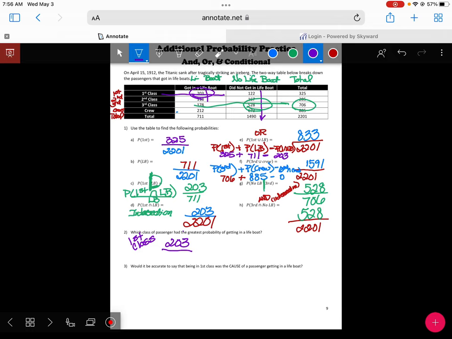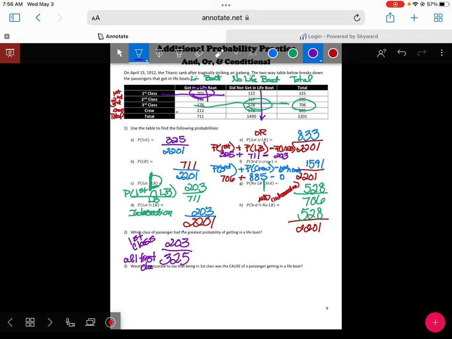So 203 people from the first class got in a lifeboat. How many did not from first class? 122, right? So if I want to know the greatest probability of getting in a lifeboat, I have to put it over all first class passengers.